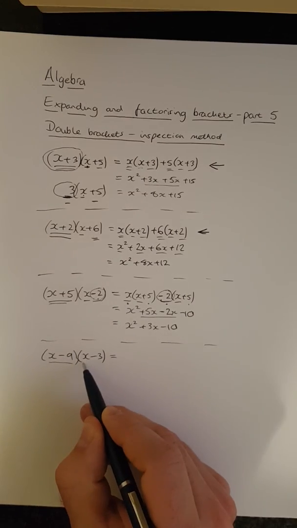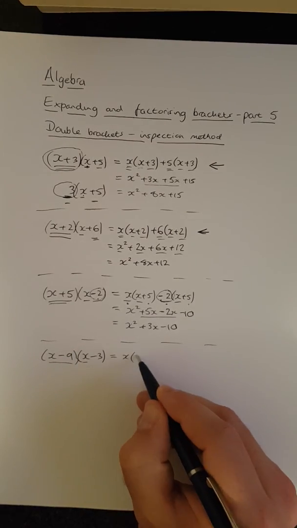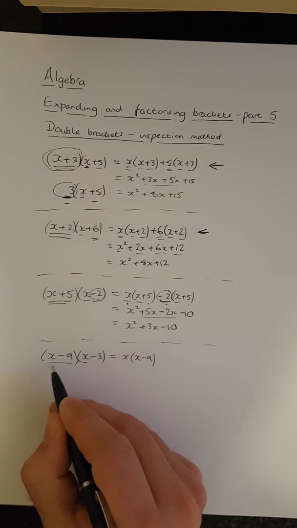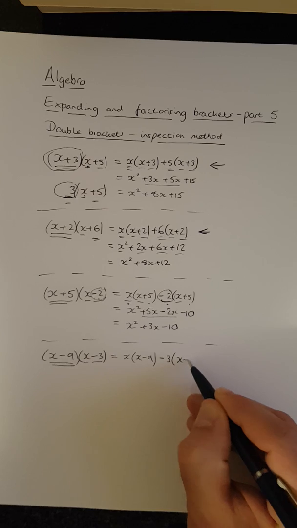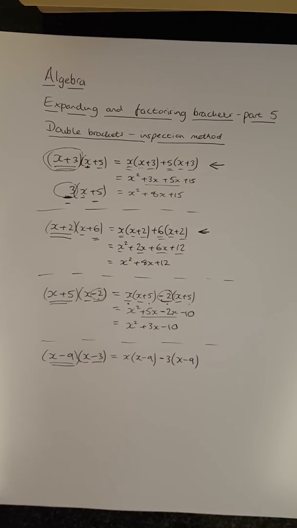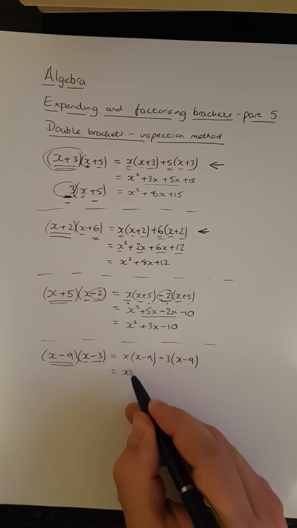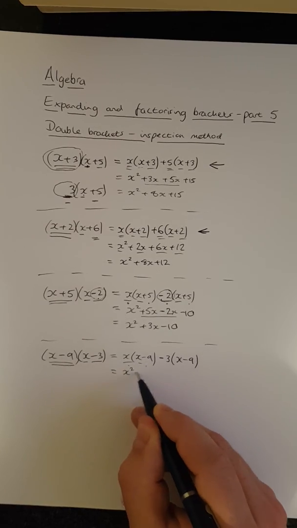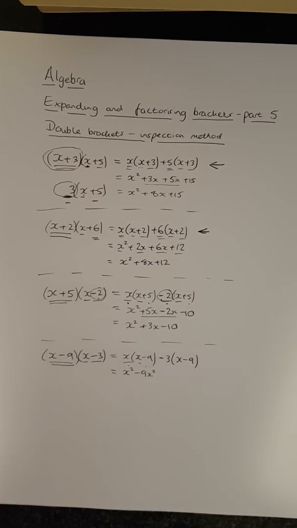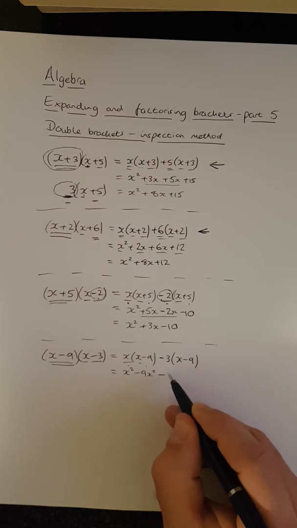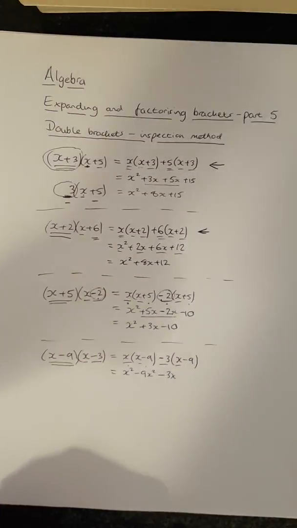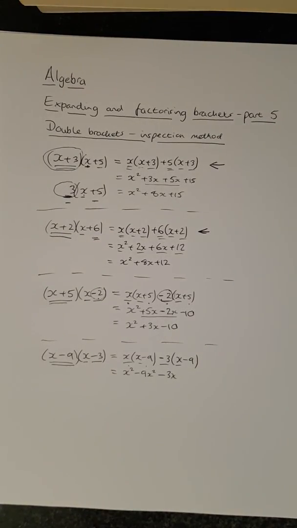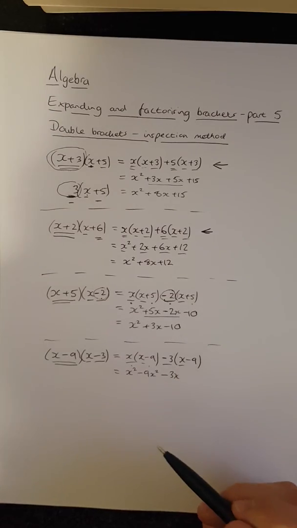The whole first term gets multiplied by x, and the whole first term gets multiplied by minus 3. Expand my first bracket. Expand my second bracket. Why have I paused here? Think back to the expanding and simplifying video.